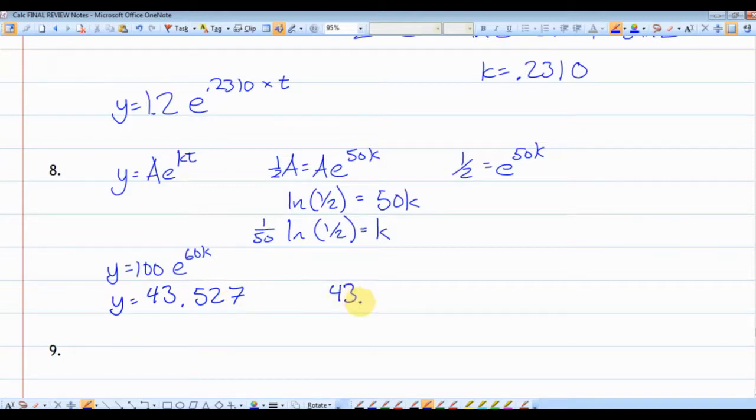So we have 43.527% left. The 100 is there because it's for percentage, right? You can start off with whatever you like there, as long as you interpret it correctly.